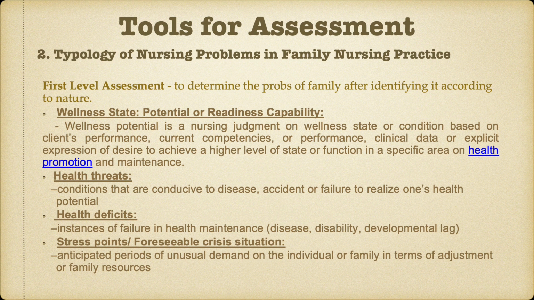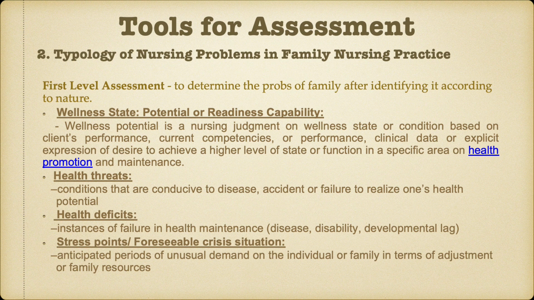So the wellness potential is a nursing judgment on wellness state or condition based on the client's performance, current competencies, clinical data, or explicit expression of desire to achieve a higher level of state or function in a specific area on health promotion and maintenance. Health threats, on the other hand, are conditions that are conducive to disease, accident, or failure to realize one's health potential.